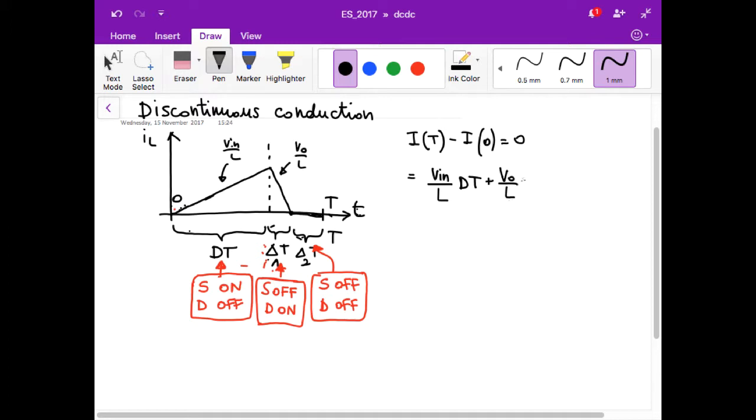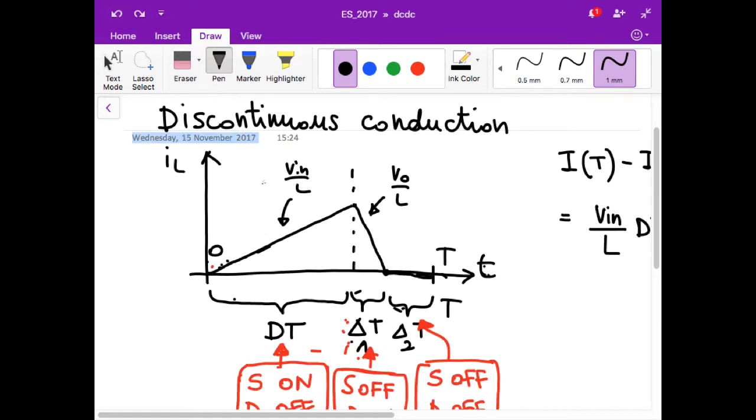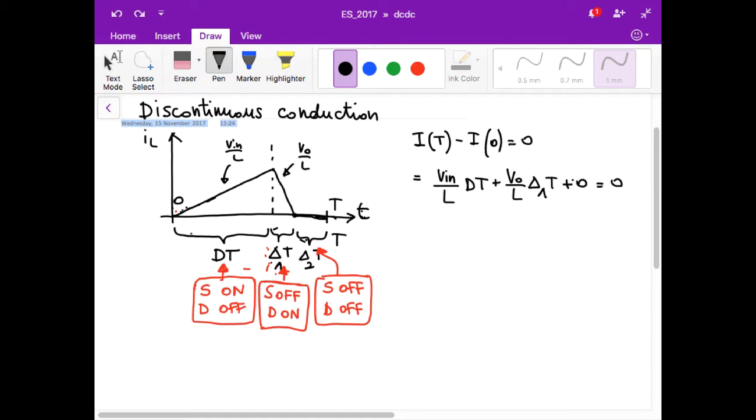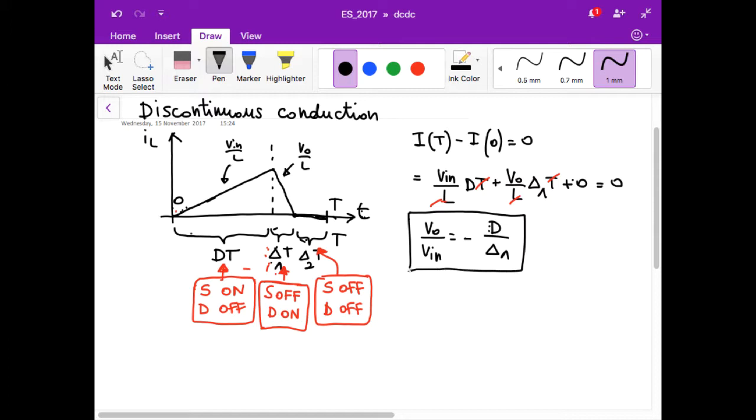And therefore we can remove T, remove L, and we have this expression, which is easy to recognize: VO over V in is equal to minus D over delta 1. This is what we have in discontinuous conduction.